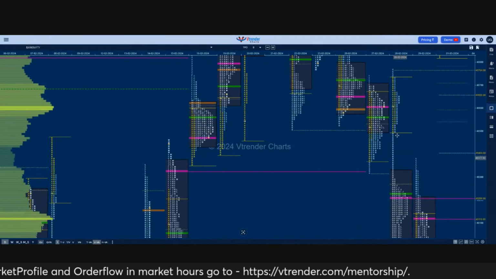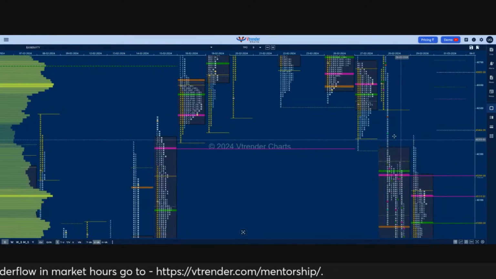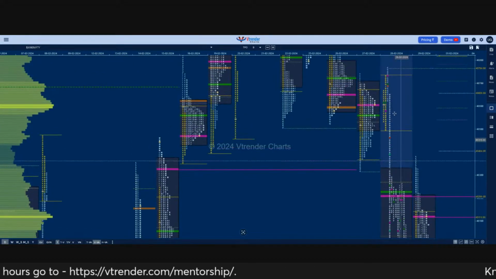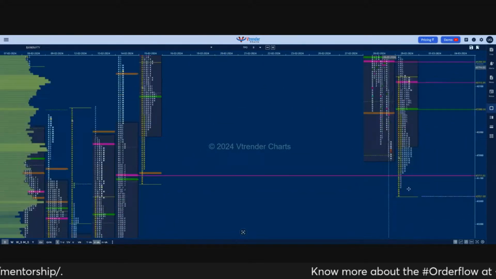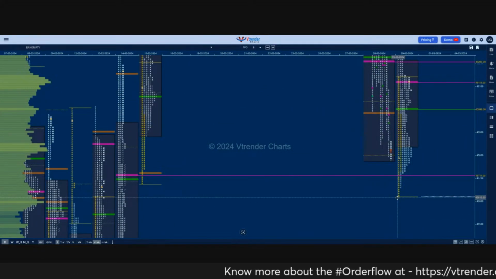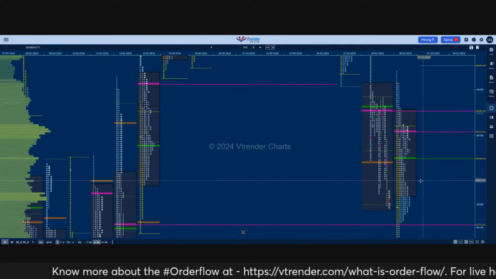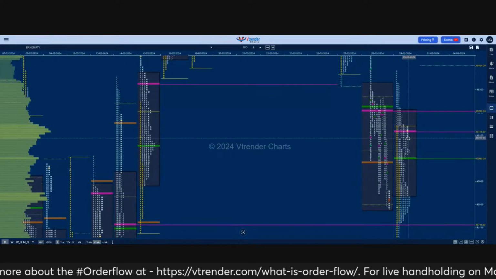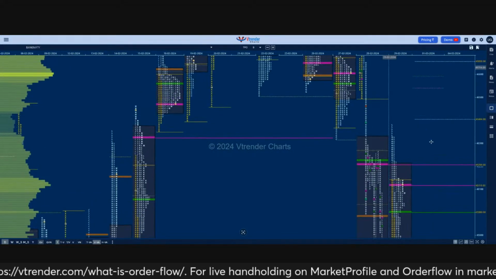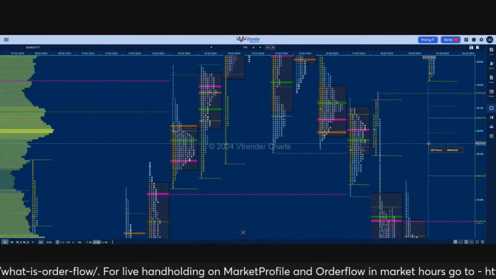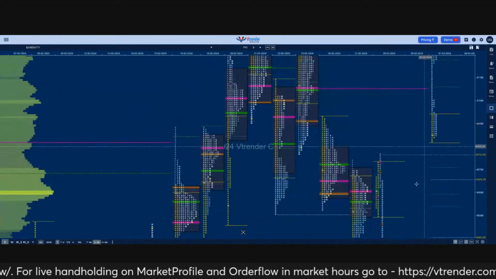So here you are completely on the side of the sellers, because you have got a fresh reference here. And only when we left this buying tail here will you start thinking about the FA revisit, because here we have not formed lower value, we have formed inside value, and then today's open was above yesterday's value. So these are the references which you will look for and trade off.